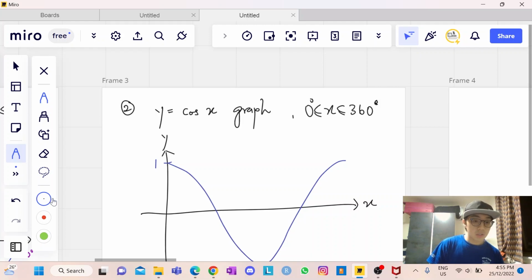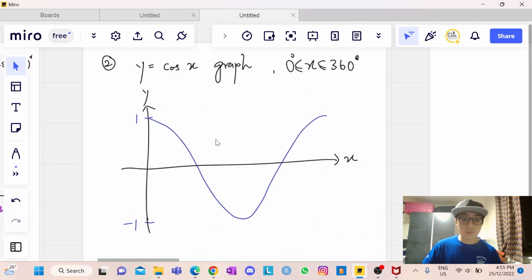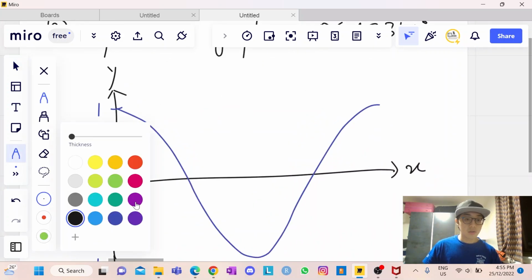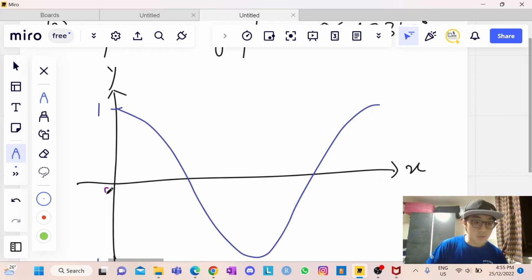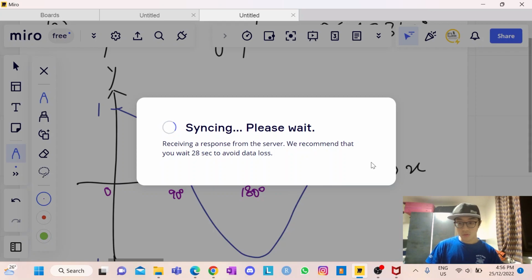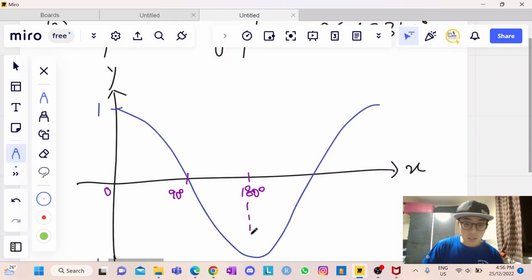Now we go down here and name all of these. Cos is 0 at 90 degrees, it is -1 at 180 degrees, 0 at 270 degrees, and this right here is 360 degrees.